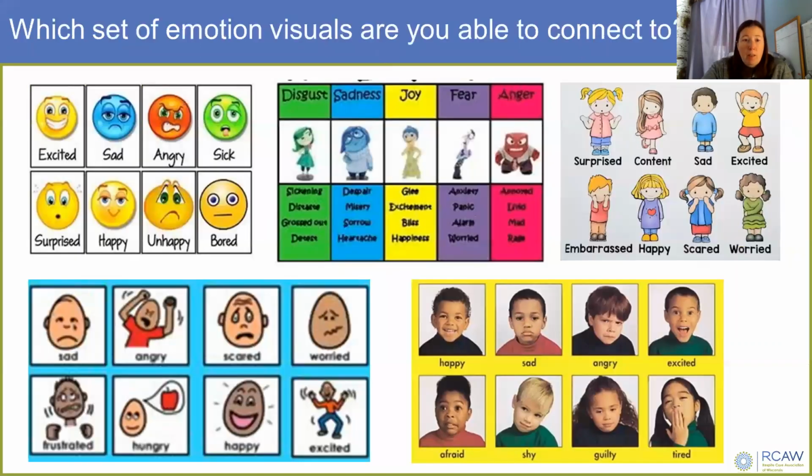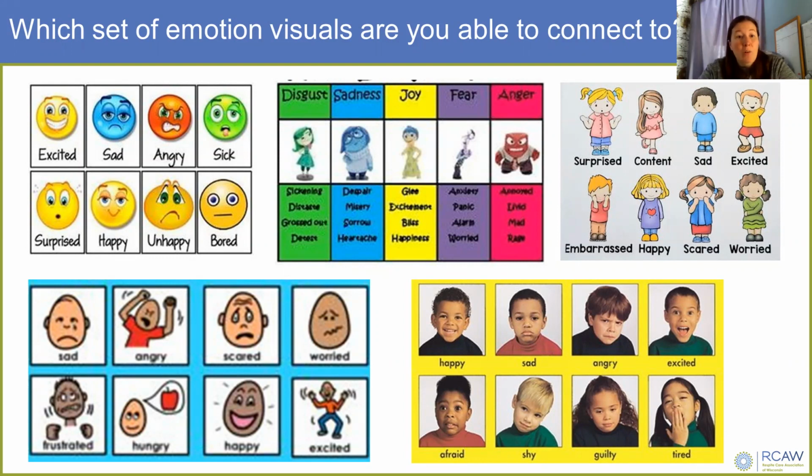So an example of this is, a lot of times right now we talk about emotions and social emotional learning throughout the world, especially in individuals with disabilities. What set of emotions can you connect to? Some people understand the emojis really well because that's a lot of times how people communicate.